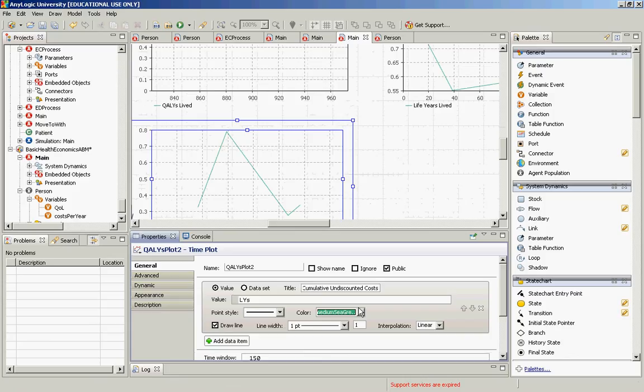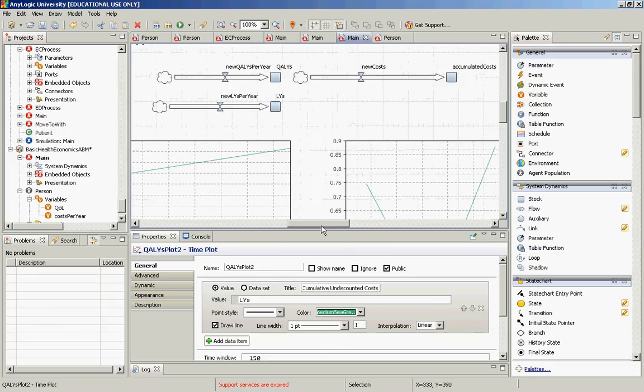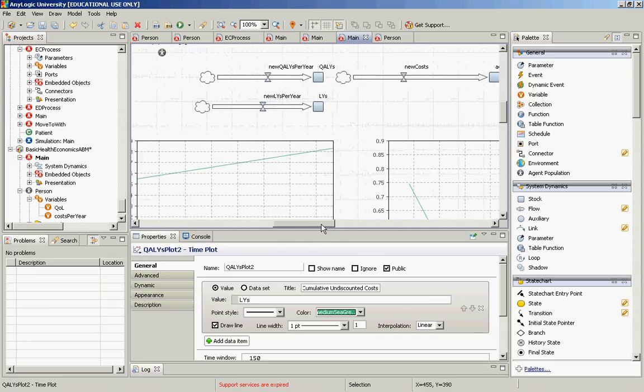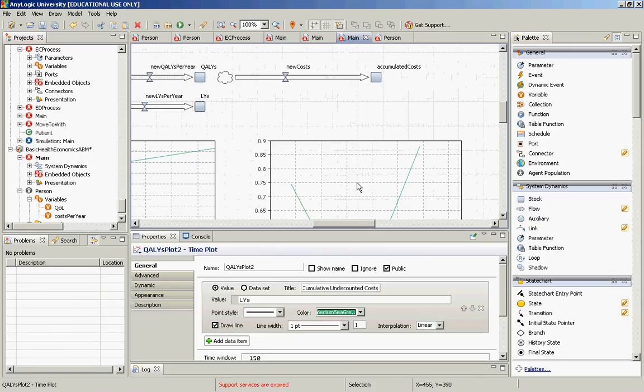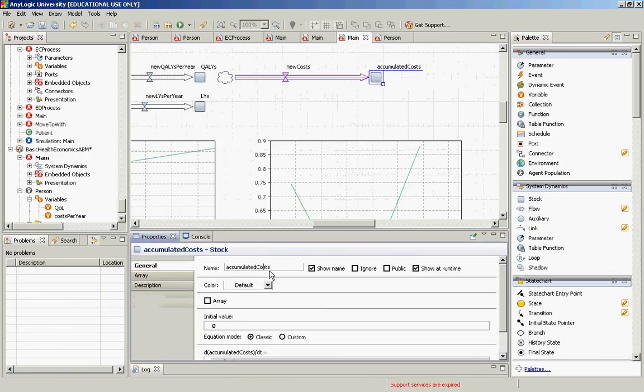What are we going to display? We're going to display cumulative costs. Accumulated costs is what we called it. To be more specific, I'm going to call it accumulated undiscounted costs.